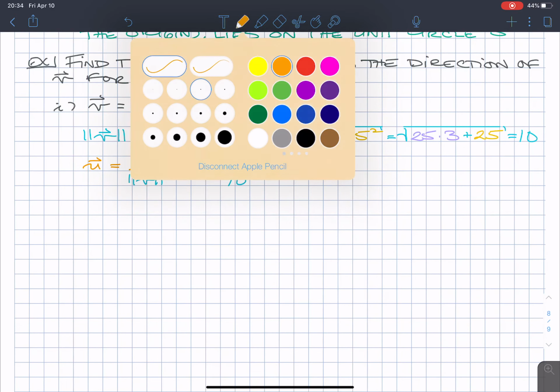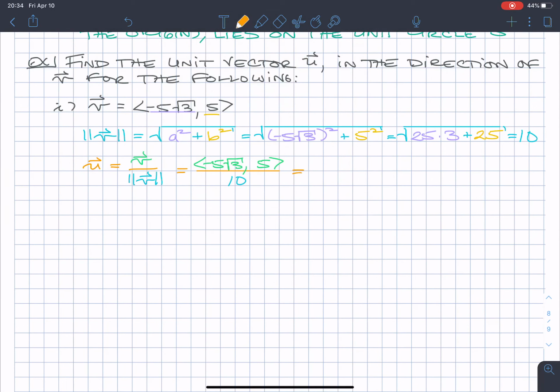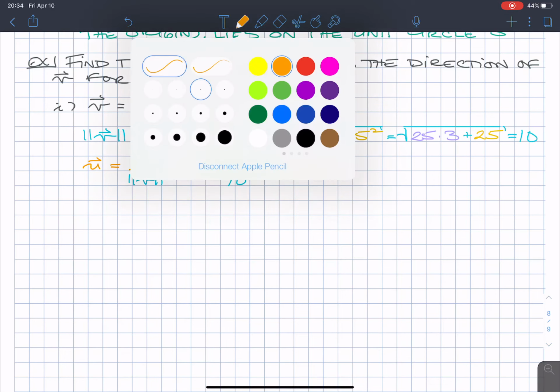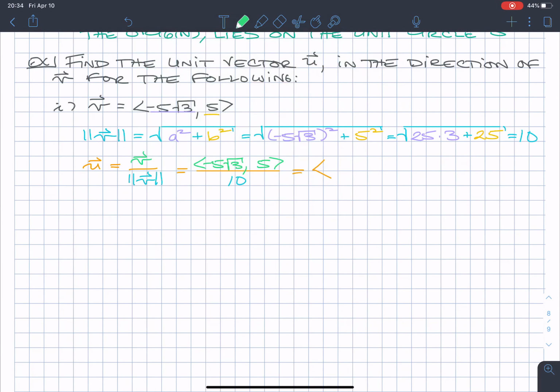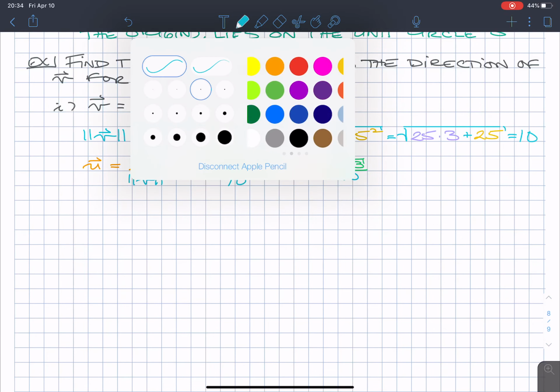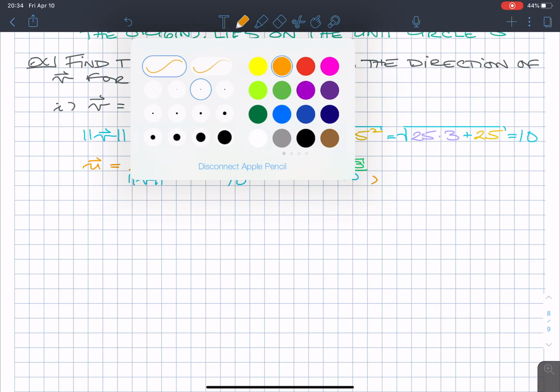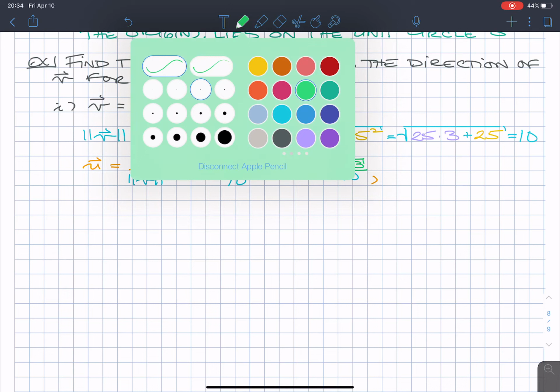So that means I just take each component and divide it by 10. So I have negative 5 root 3 divided by 10, comma, then I have 5 divided by 10.